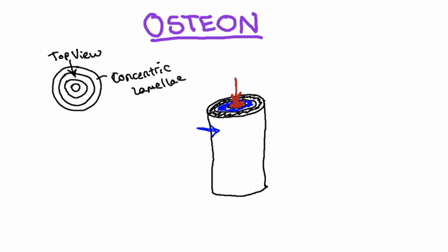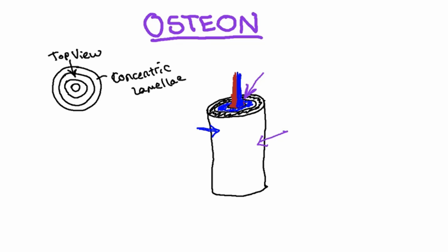And within that space, that is where the artery and a vein go to nourish the bone, the compact bone, or the osteon unit. So each osteon has these concentric lamella shaped in these sheets that form rings around rings of each other. And then in the center, there is a hole.